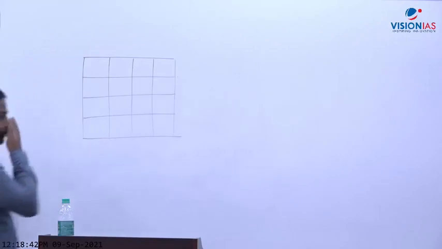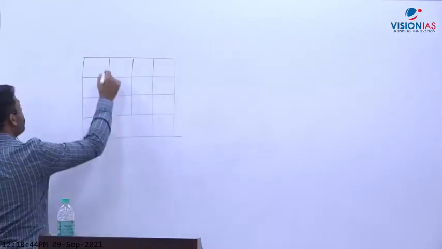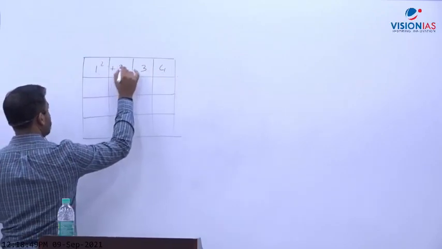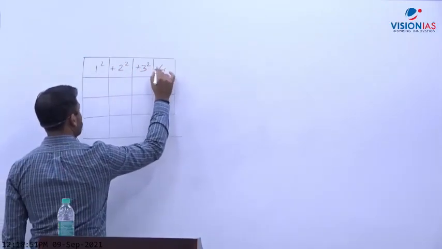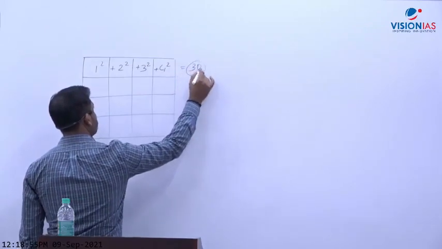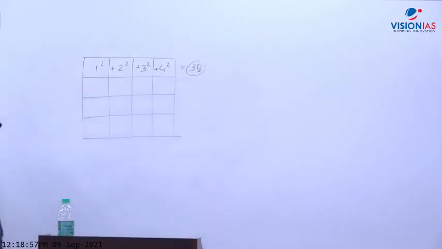See, yes, 1, 2, 3, 4. Put the number, make a square of them and add them together. Get the answer 30. Good.